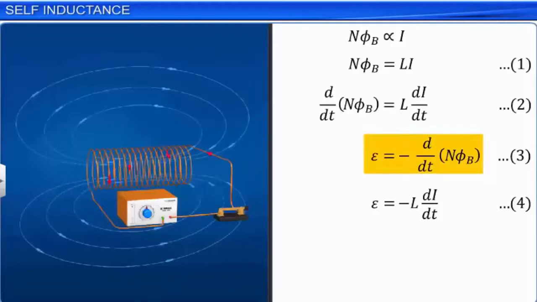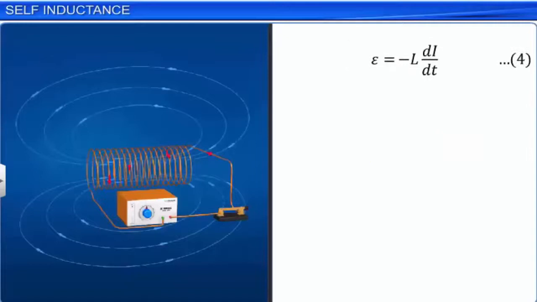Thus, this self-induced EMF is also called back EMF. The self-induced EMF plays the role of inertia. It is the electromagnetic analog to mass in mechanics. Hence, work needs to be performed to establish a current in a circuit, and it is stored as magnetic potential energy.